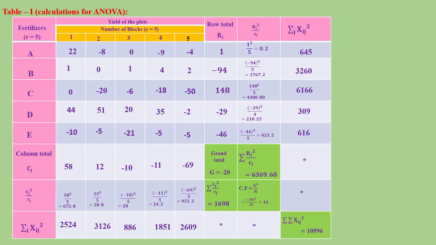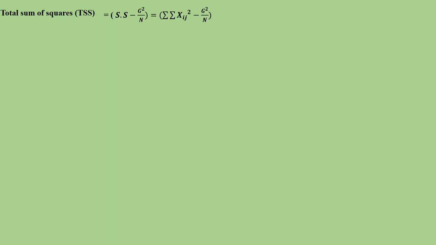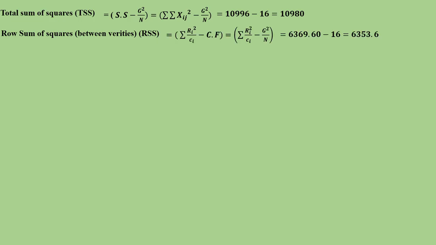Next you have to find the correction factor. G square by n, minus 20 square by 25, that is equal to 16. Next the total sum of squares. Using the formula you will get 10980. Then the row sum of squares, RSS: 6369.60 minus 16, that is equal to 6353.6.